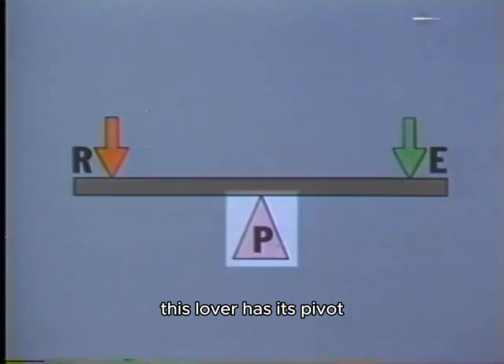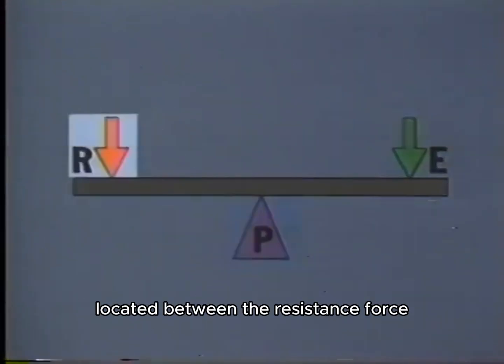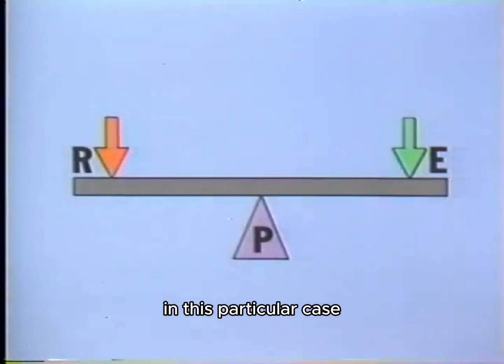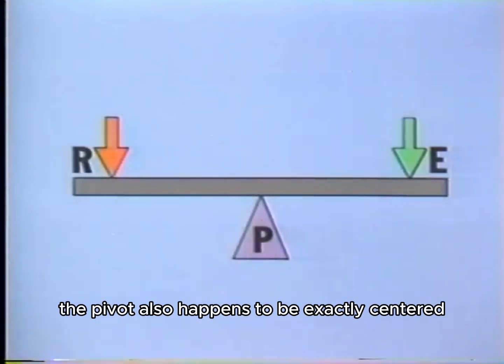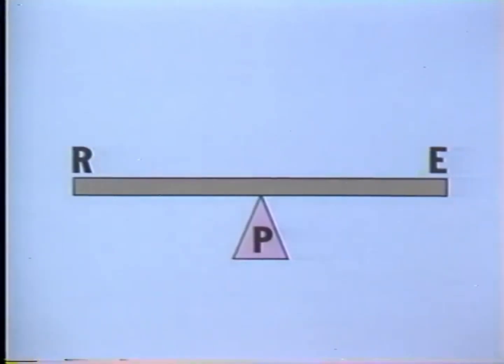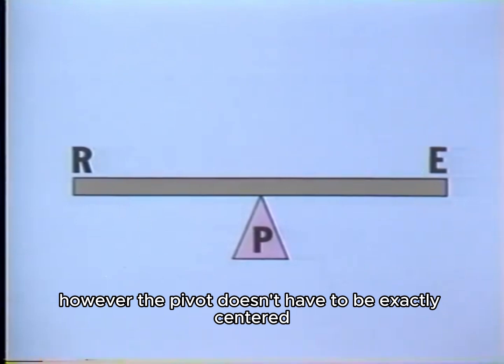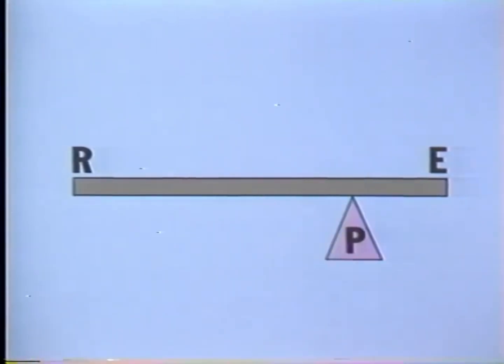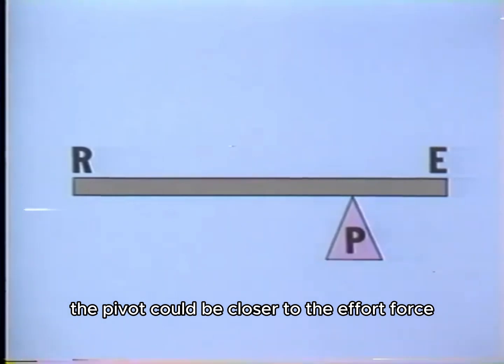For example, this diagram represents the first group. This lever has its pivot located between the resistance force and the effort force. In this particular case, the pivot also happens to be exactly centered between the resistance and effort forces. However, the pivot doesn't have to be exactly centered. For example, the pivot could be closer to the effort force.